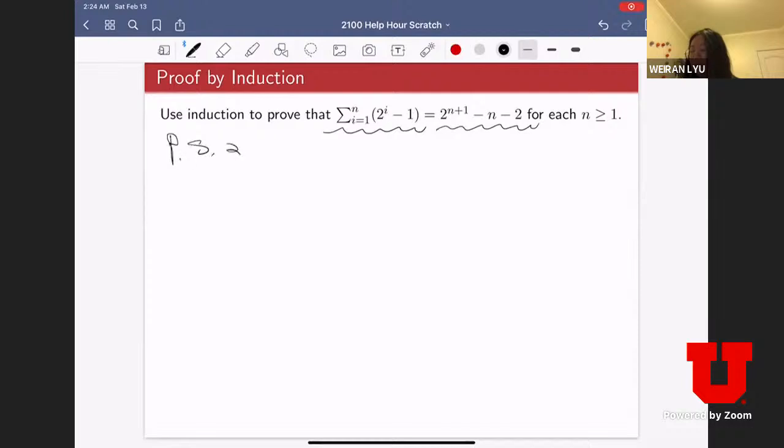And again, the key part for the induction would just be making sure what's going to be your hypothesis and what is your inductive step. So I'll give you guys about 3 minutes to work on this one.